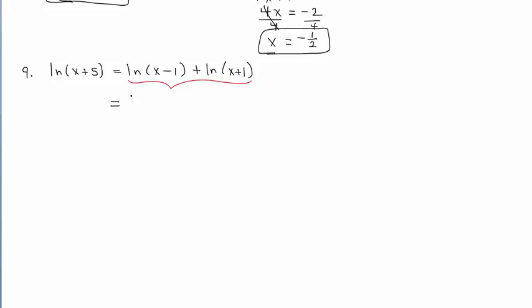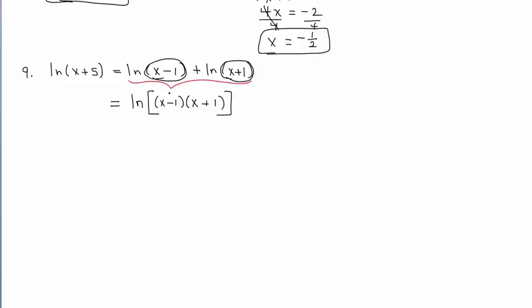Taking these, I'm going to put a bracket here. Think of that as one factor and that is your second factor. And I'm going to collapse this. So I'm going to have x minus 1 as my first factor times x plus 1 as my second factor.